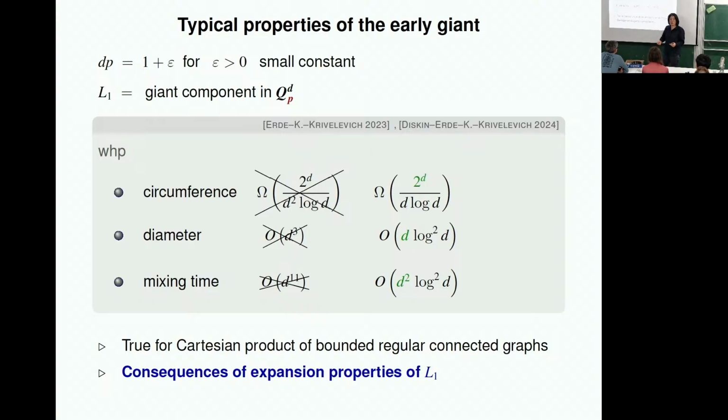Otherwise you can have separate components, and it's difficult to talk about giant components. So it's a bounded, regular, connected graph. Then it works. Bounded means that each graph has a bounded number of vertices, let's say 100 or 1,000, doesn't matter. But it's a number independent of d and the dimension.